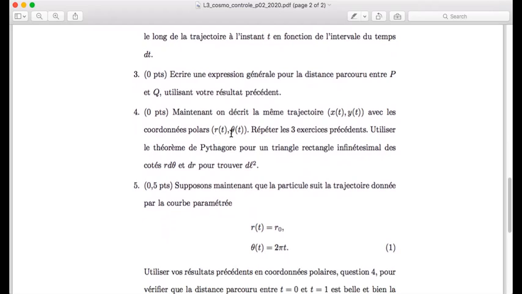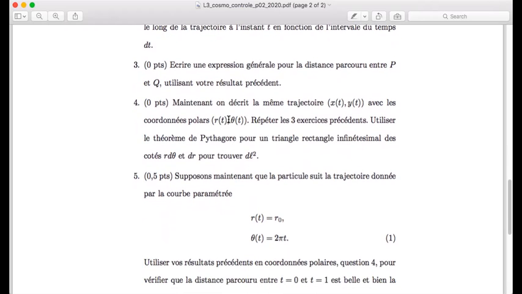There's an r squared times d theta squared plus dr squared, that equals dl squared in polar coordinates. It's still Euclidean geometry. It's just that you've chosen polar coordinates.